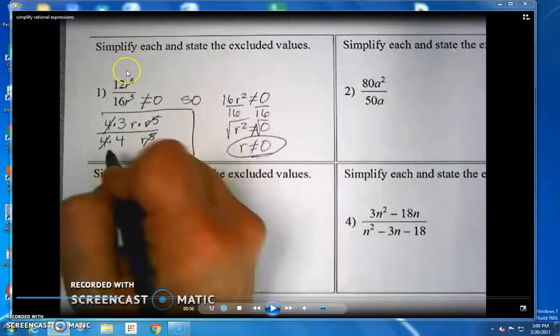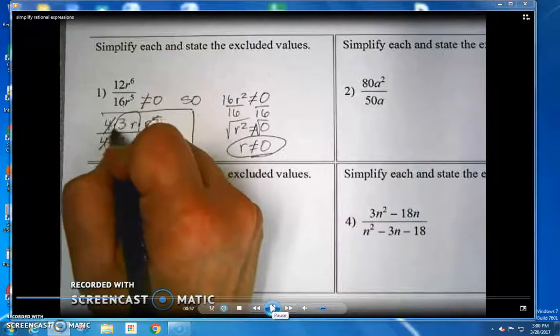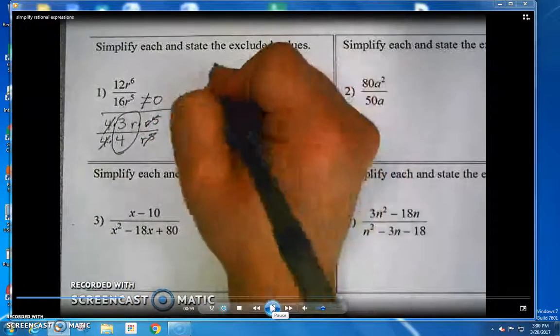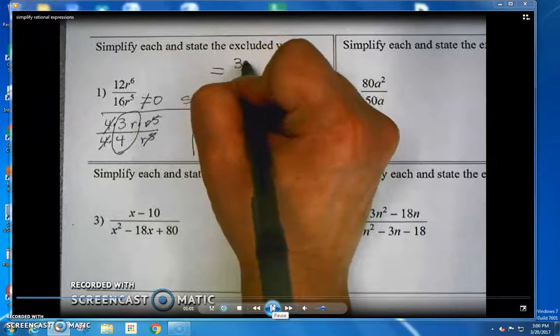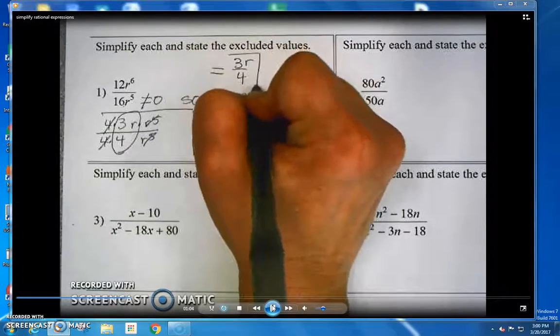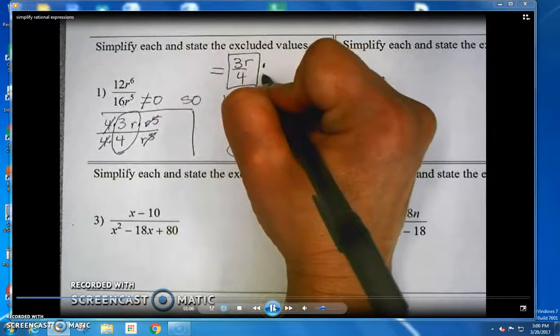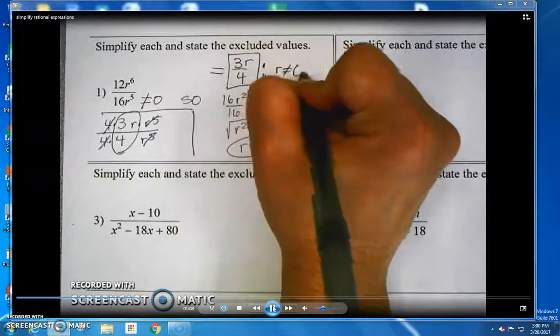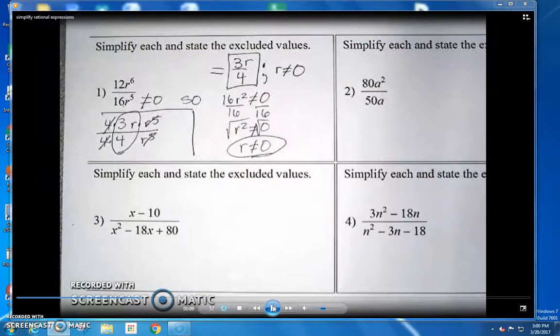And then, of course, r to the 6th is r times r to the 5th. And, of course, r to the 5th is just r to the 5th. So once those are canceled out, I'm left with 3r over 4, and that's my simplified answer. So that expression, when it's simplified, is 3r over 4, and the excluded values are where r cannot equal 0.